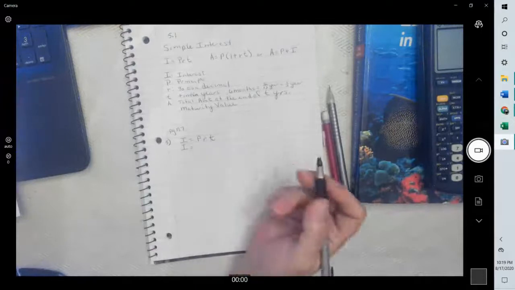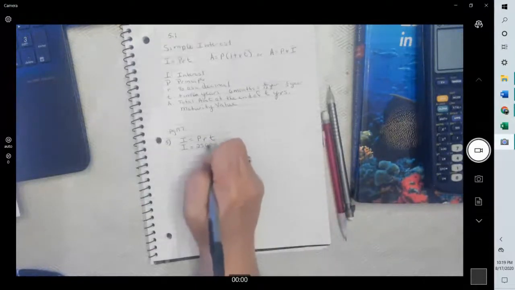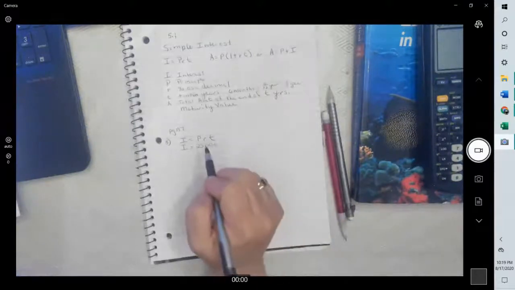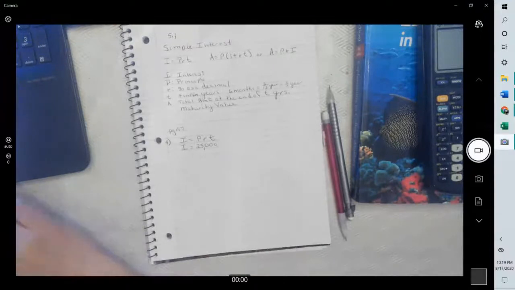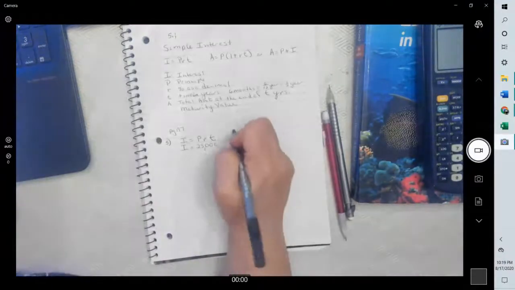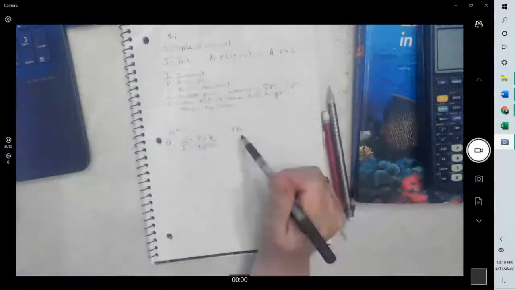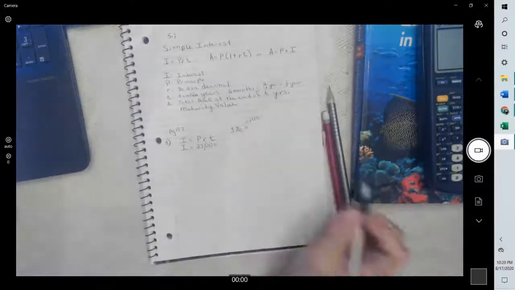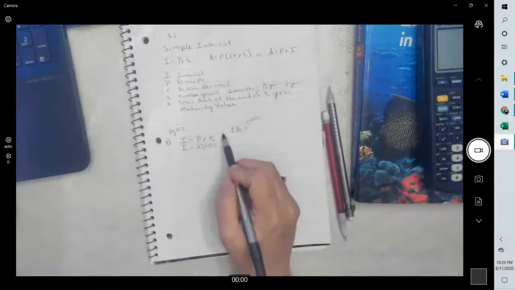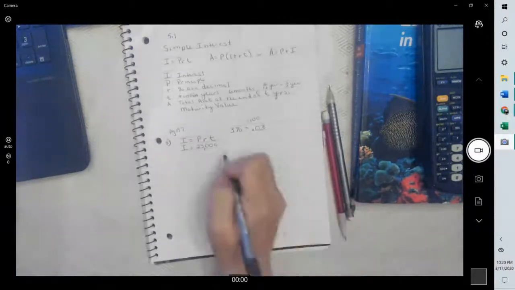The principal we were given, that's your starting amount, $25,000. R is the interest rate written as a decimal, and the interest rate was 3%. If you write a percent as a decimal, divide by 100 or move the decimal to the left 2, so it's 0.03.